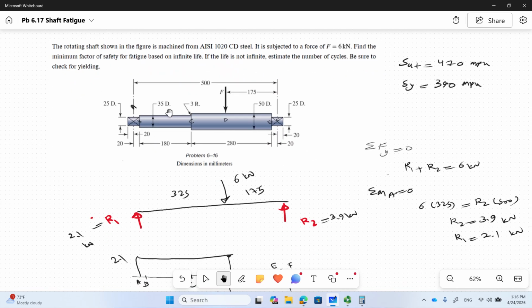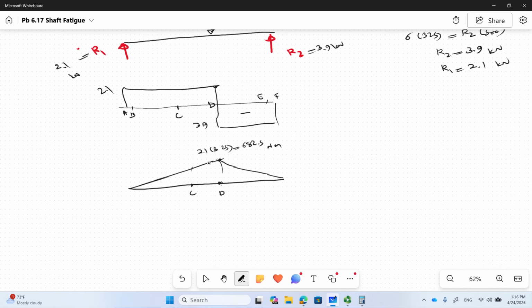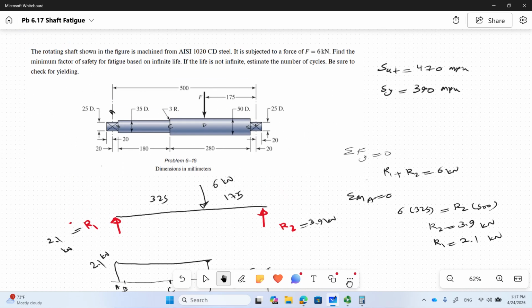The bearing is 20 millimeter and then 180 here. So the moment at that point is 200 times this force, 2.1 kilonewton, so 420 Newton meter is the moment there.